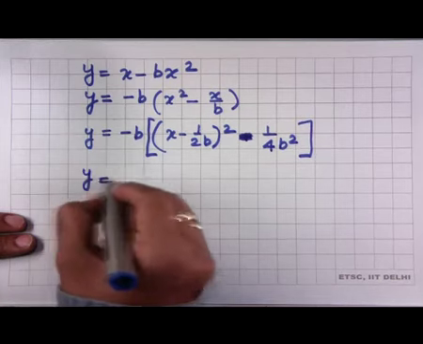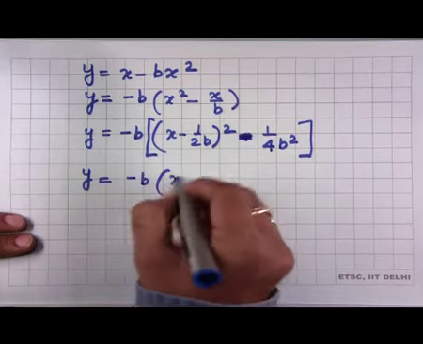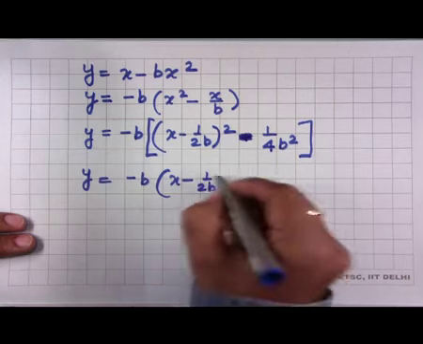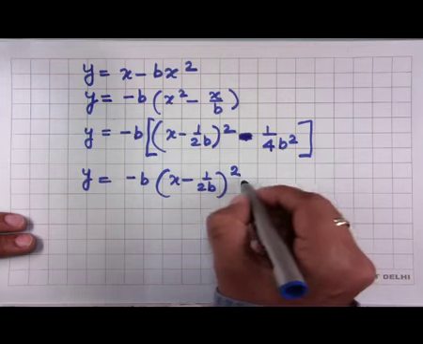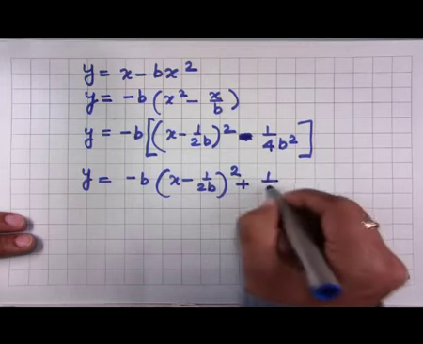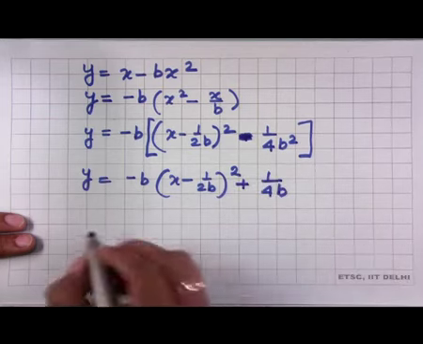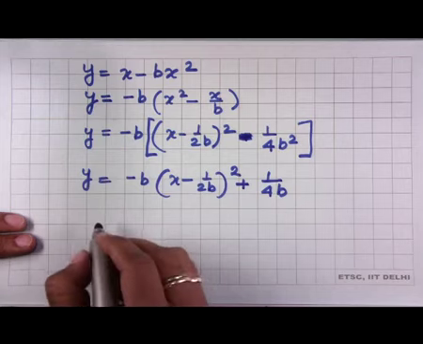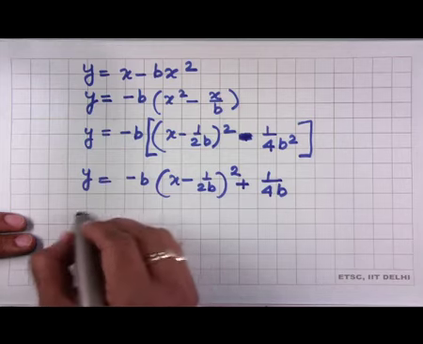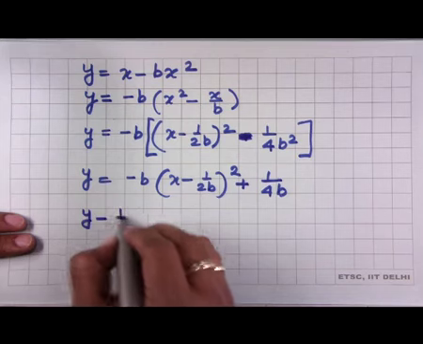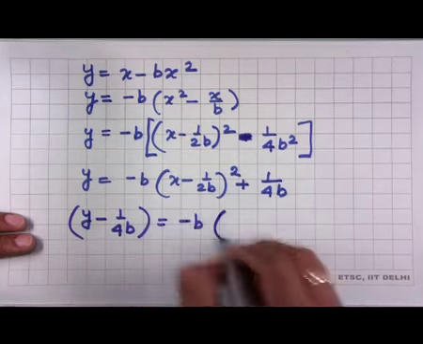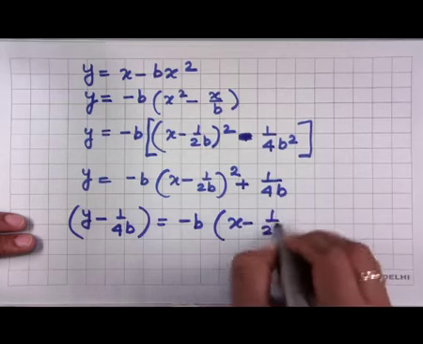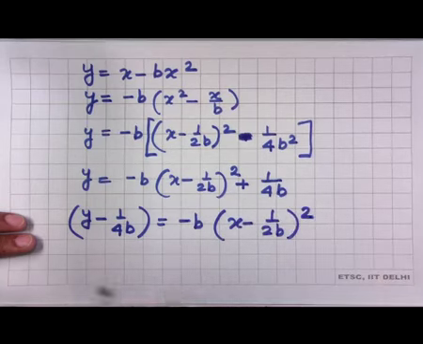So therefore this can be written as y minus 1 by 4b equals minus b times x minus 1 by 2b whole square.